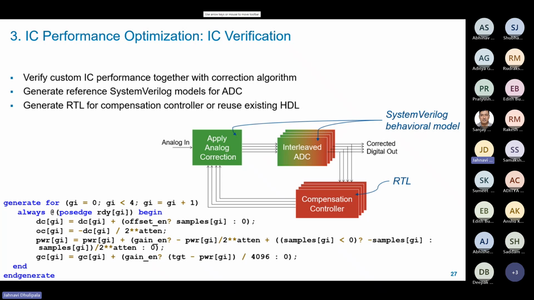To build the confidence, we use the behavior level models. Specifically, we generate the SystemVerilog models from these blocks. Here I have an interleaved ADC which I have created using the system level models, and we can generate the SystemVerilog code out of it, and this SystemVerilog code can be used in any tool for your verification of the mixed signal ICs, right?